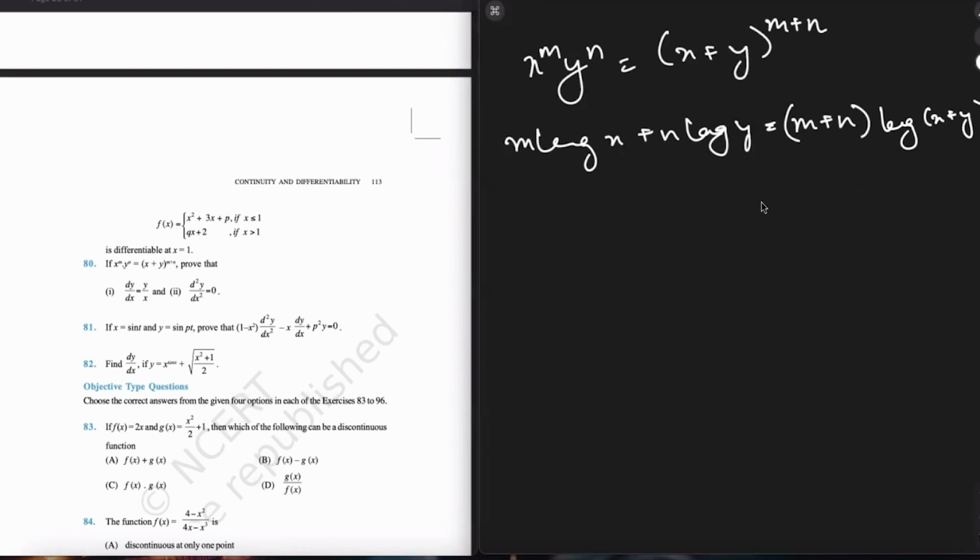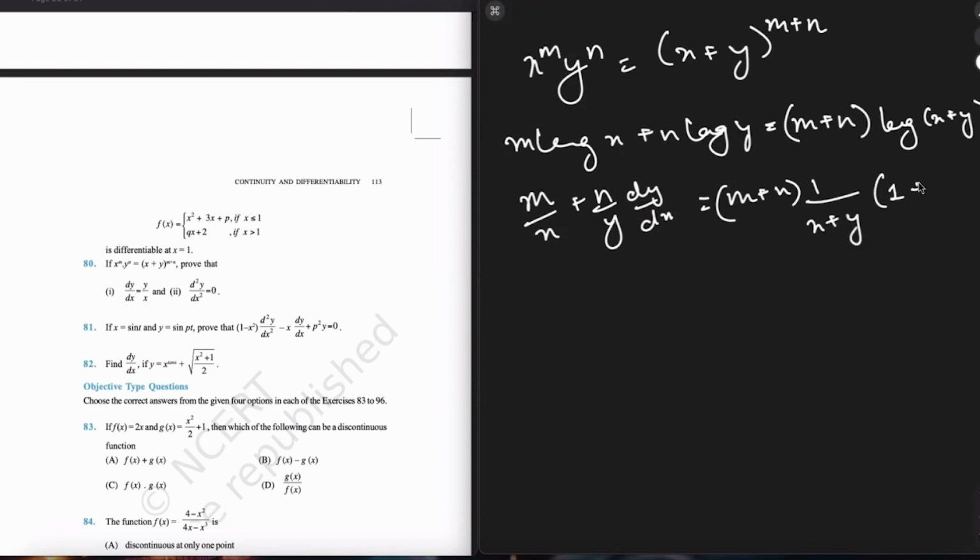Okay, now differentiating both sides, it will be m upon x plus n upon y dy by dx, and this will be equal to (m plus n) 1 upon (x plus y) times (1 plus dy by dx).